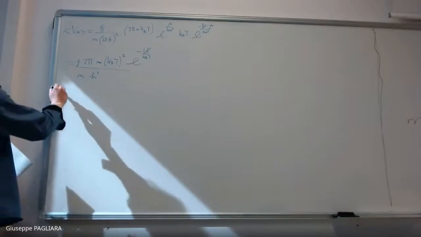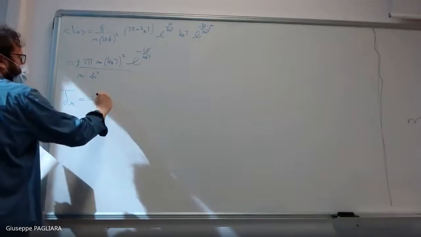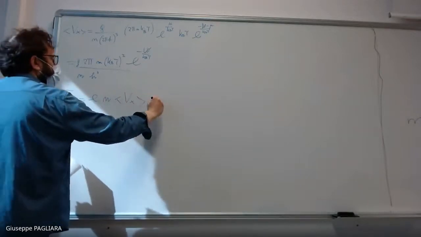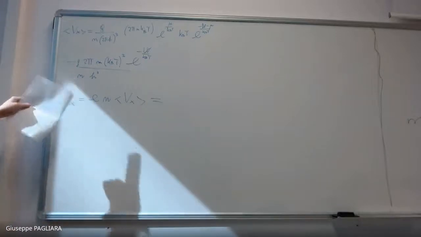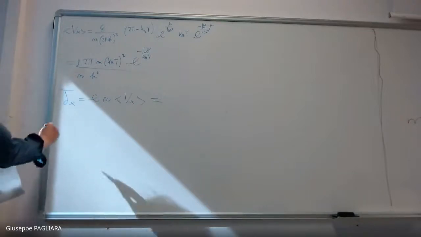And now considering the fact that Gx was electron charge times n times Bx, I have a density that must be multiplied there, and therefore this density drops. Then I have G is equal to 2.